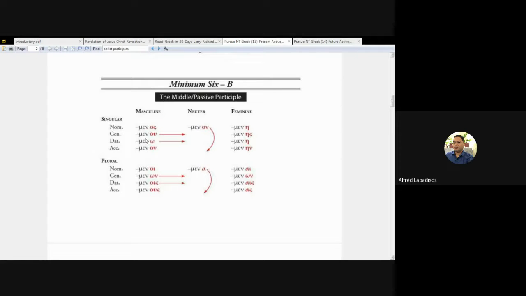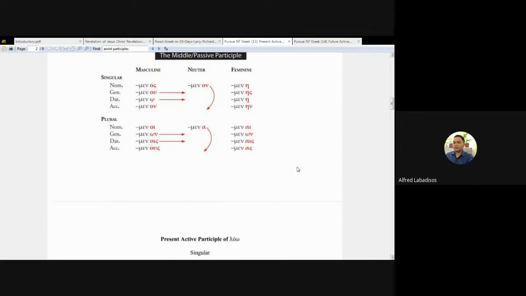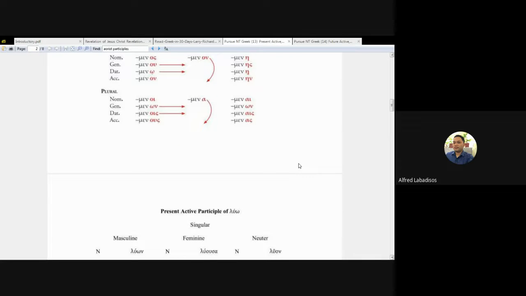We have menos, menou, menoi, menon, menoi, menon, menois, and menous. Then menon, menou, menoi, menon, then mena, menon, menois, mena. Then mene, menes, mene, menen, menai, menon, menais, menas. So you have to memorize this in order to identify whether a particular word is a participle or a verb or not.